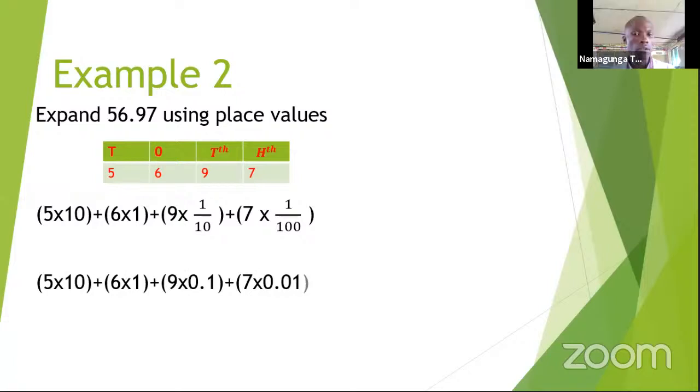Number 6 is 12.5. Are you sure? No, teacher. 27.93. Number 6. We are on expanding using place values.